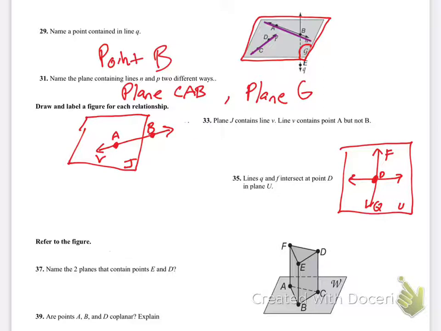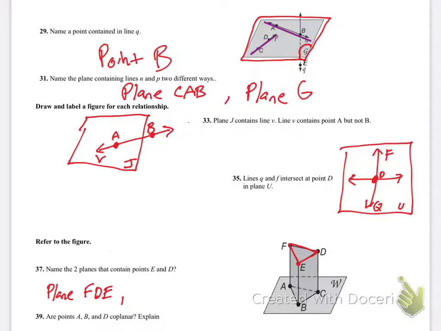37. Name two planes that contain the points E and D. So E and D, so I'll probably do this plane right here. So that would be plane FDE in any order, just those 3 points. But remember, a plane has to have 3 points.